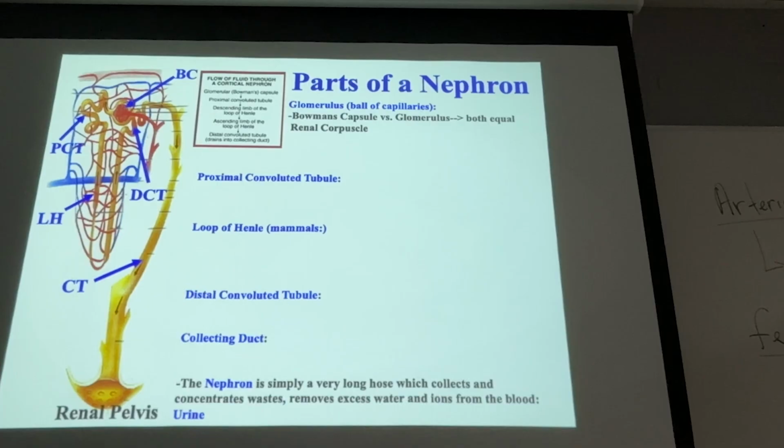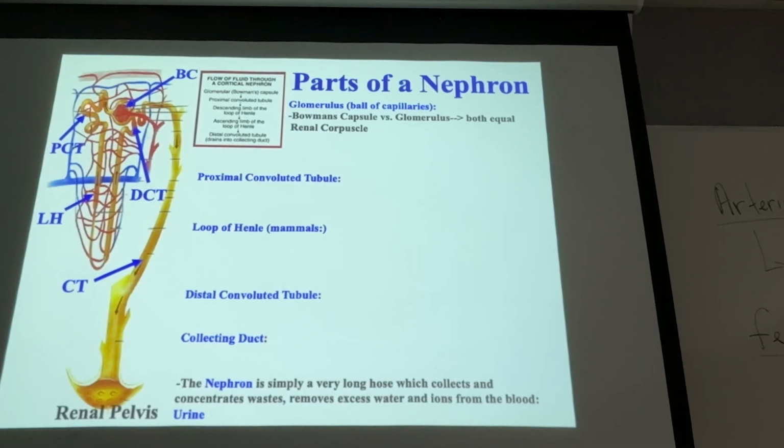What's really cool is the tubule has different histology to it. That is, the epithelium that lines it looks different. It is just a tube, and we know that all hollow organs are lined by an epithelium. But the epithelium looks much different in the parts. So histologically, we can actually name the regions of the renal tubule.